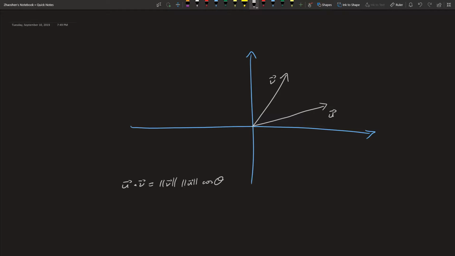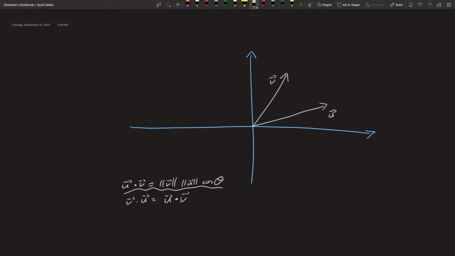Since it's just the magnitudes multiplied by each other, you can switch them around. So vector v dot vector u is equal to vector u dot vector v. I haven't proven this relationship yet, but from my explanation, I hope it makes sense why the scalar product is defined this way.